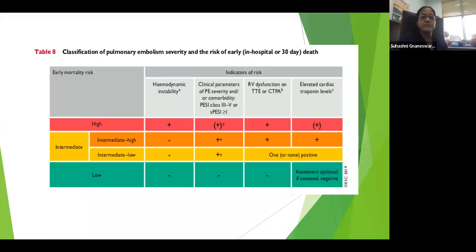So once it becomes high risk and there is hemodynamic instability, then I think the steps are quite clear. Number one, you refer to your surgeons for surgical embolectomy. You refer to cardiology, whether there's any role for catheter embolectomy, or you're going to go for thrombolysis. Most of the time, I can tell you guys, it's going to be thrombolysis, because catheter thrombolysis is a very niche procedure.